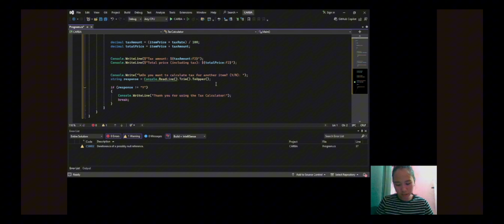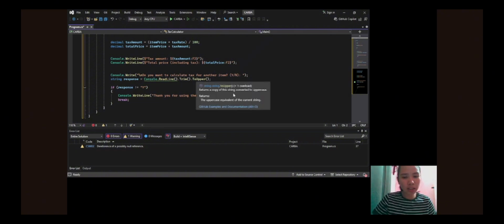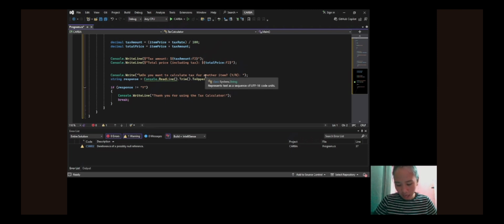It reads the user's input, removes extra spaces using Trim, and converts it to uppercase using ToUpper to handle both lowercase y and uppercase Y as valid inputs.